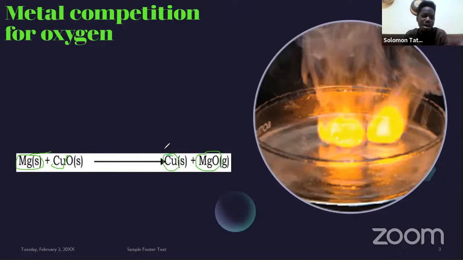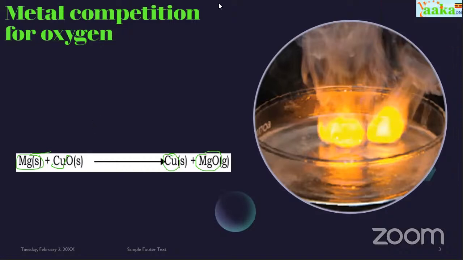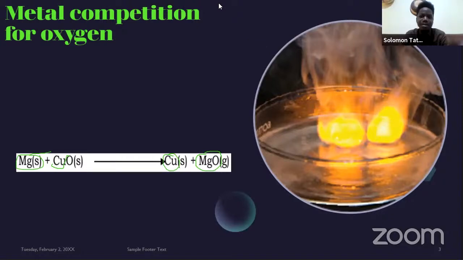Why is this able to happen? What characteristic does magnesium have over copper? Because magnesium is higher in the reactivity series than copper. If it is higher, what does that mean?